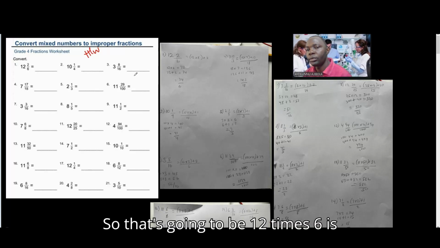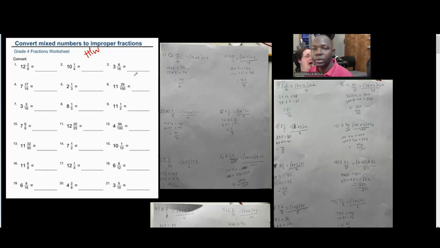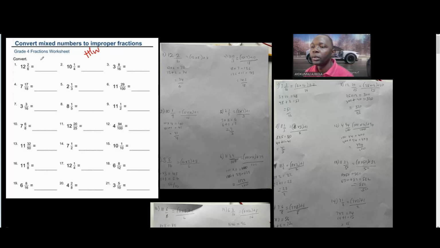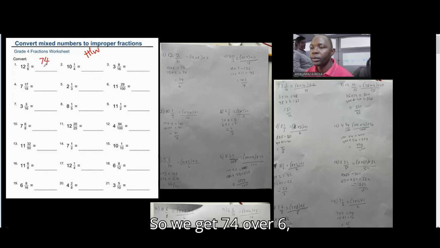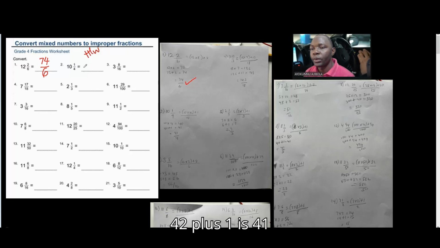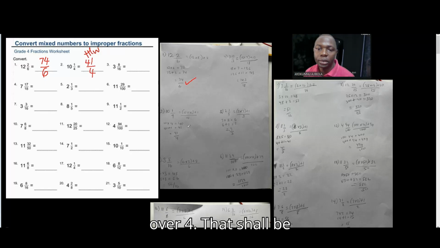So 12 times 6 is 72, 72 plus 2 is 74. So we get 74 over 6, and that's correct. 40 plus 1 is 41 over 4. That should be correct.